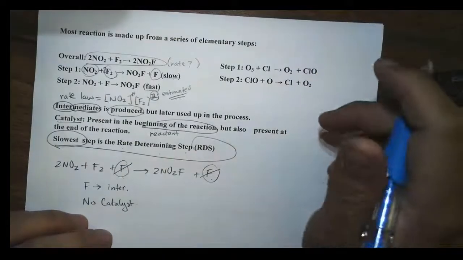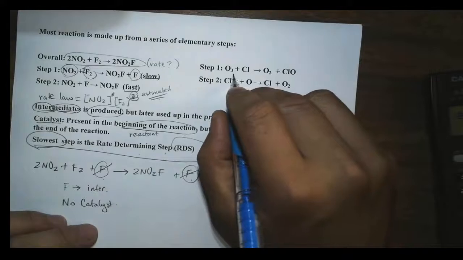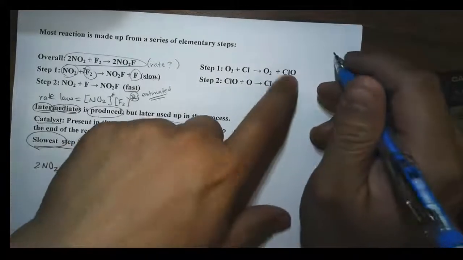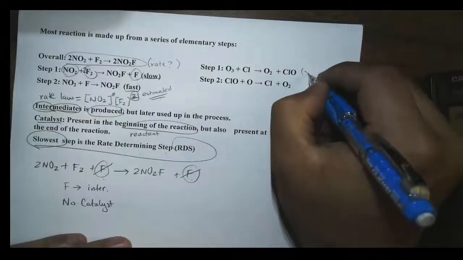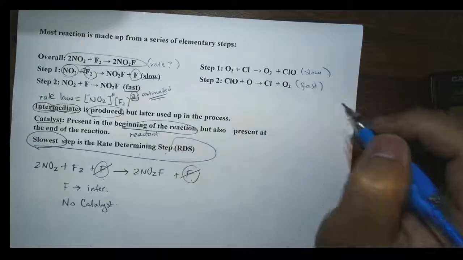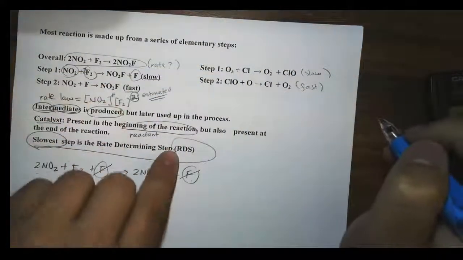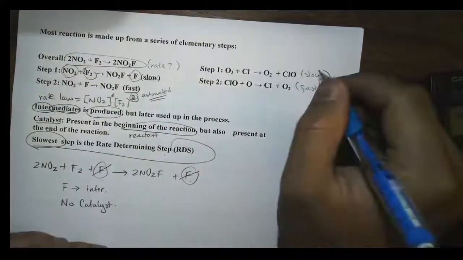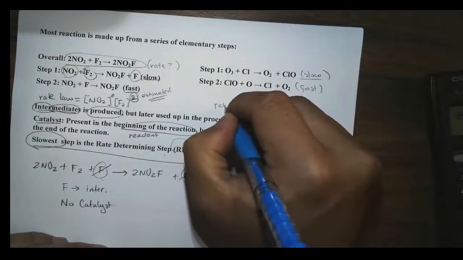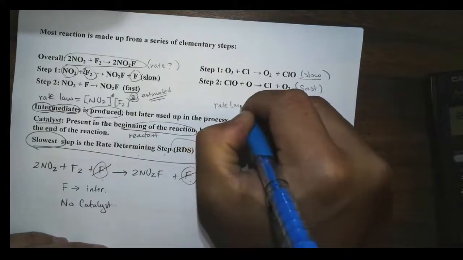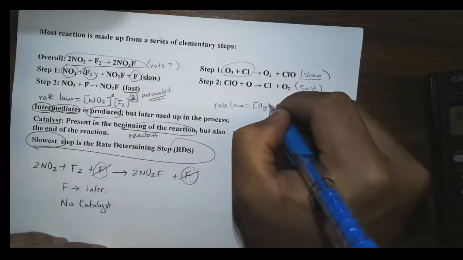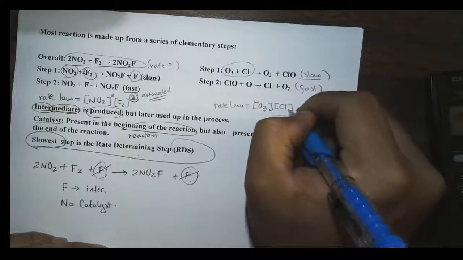Now let's look at another example. In this case, we haven't been given our overall reaction, and we haven't determined which step is slow or fast. So what if I make this one slow, and this one fast? It doesn't matter. Just use this to understand the RDS, which is the rate determining step. If this is the rate determining step right there, your rate law would equal that right there, which is O3 times Cl.